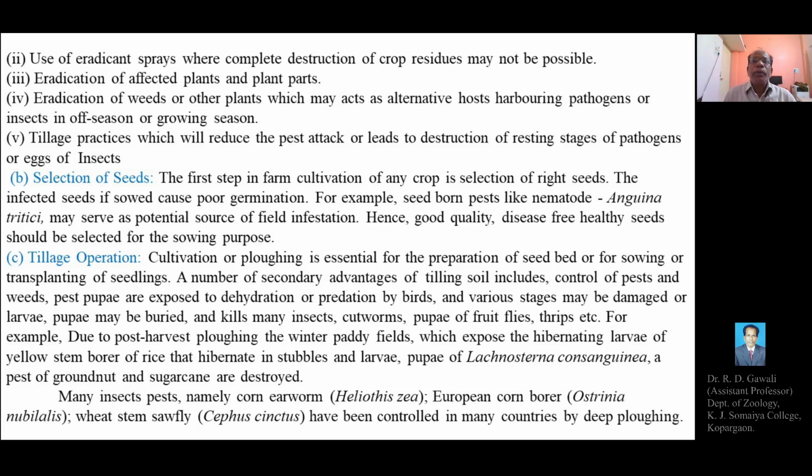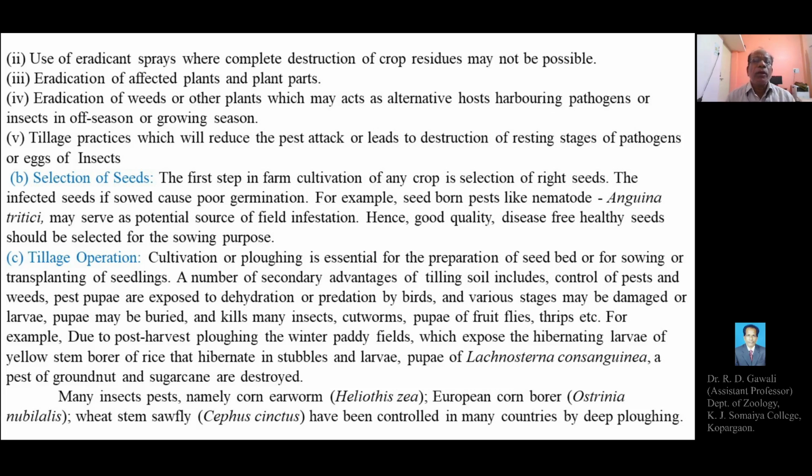And if it is not possible to remove these crop residues completely, then we can use some sort of sprays or chemicals which will help in their complete destruction.